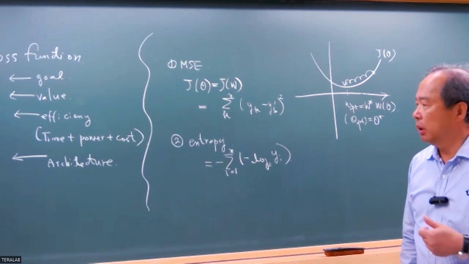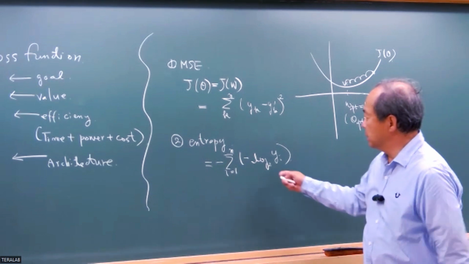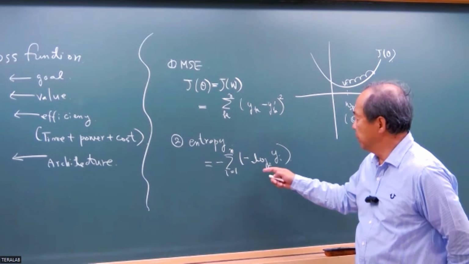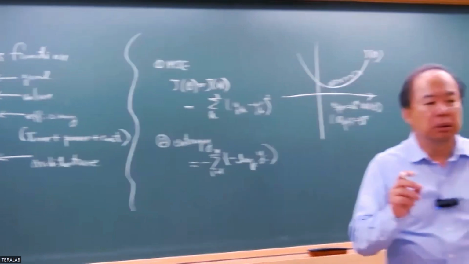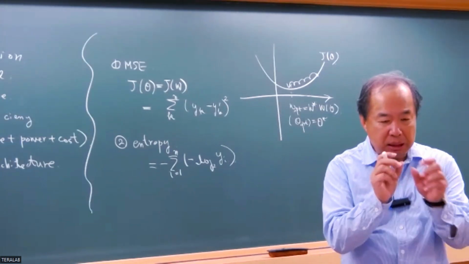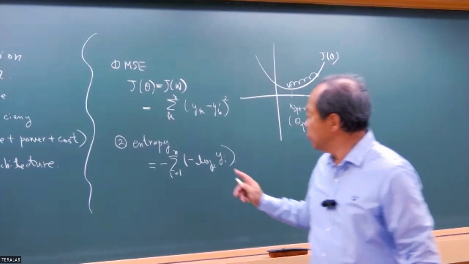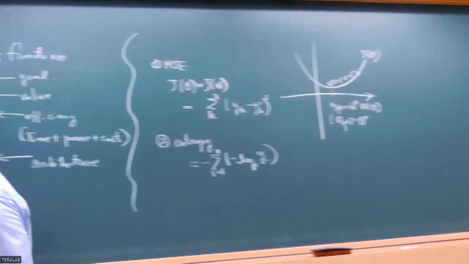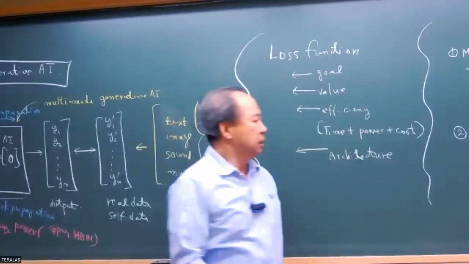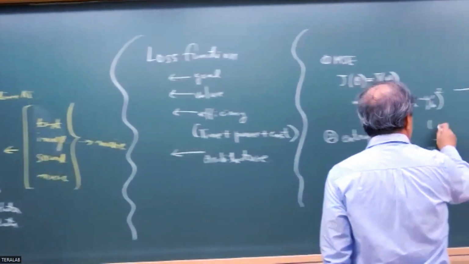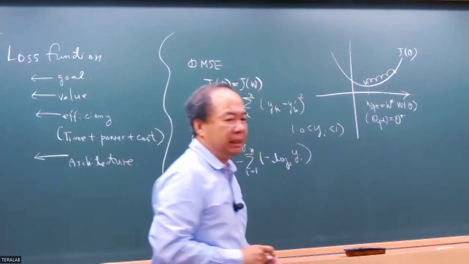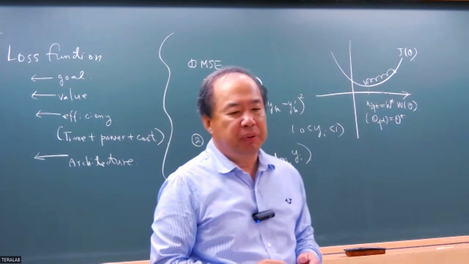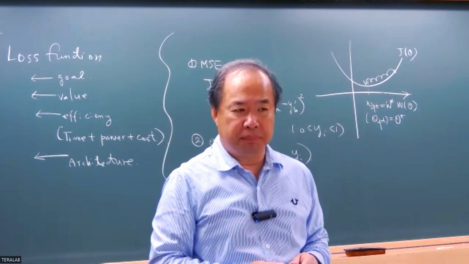later on, I will go more deeply into the meaning of this equation. Log 2 yi means the number of bits to describe yi. And I'm assuming that the yi value is between 0 and 1. This yi is actually a probability.